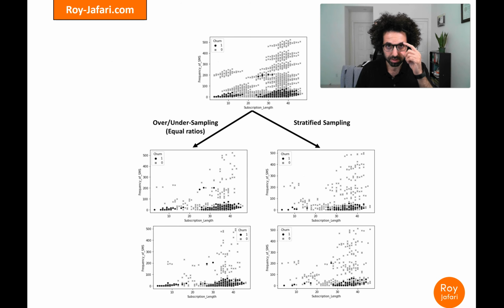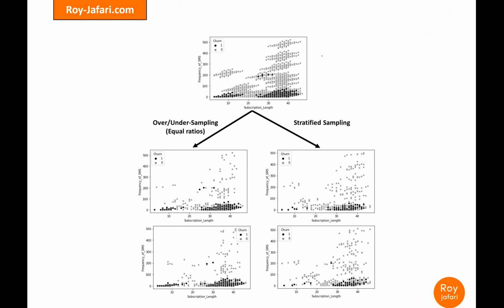This is a case study of being able to classify between non-churning and churning customers based on their subscription length and frequency of their SMS or text messages. We see here that if we were to do stratified sampling, we would maintain the ratio of churn over non-churn.